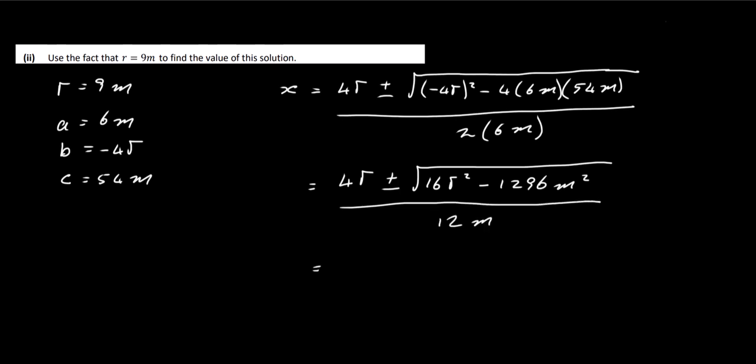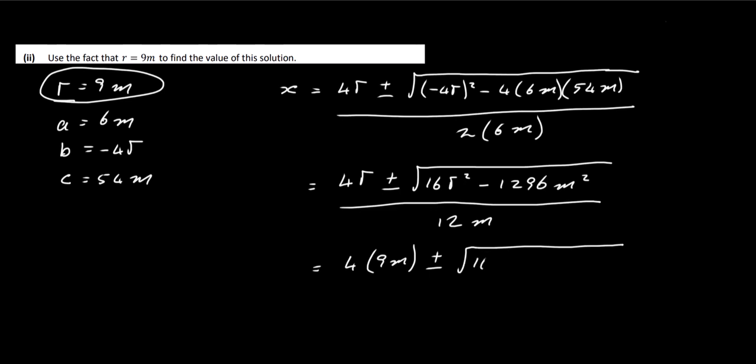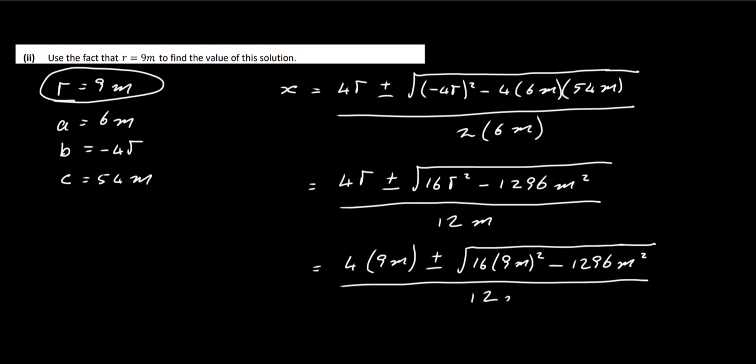Now we're kind of stuck at this stage, so what I'm going to do is substitute this in at this stage. So r is equal to 9m. So we've got 4 times 9m plus or minus the square root of 16 times r squared. So that's 9m, which you've got to square, minus 1296m squared. So all of that is over 12m.